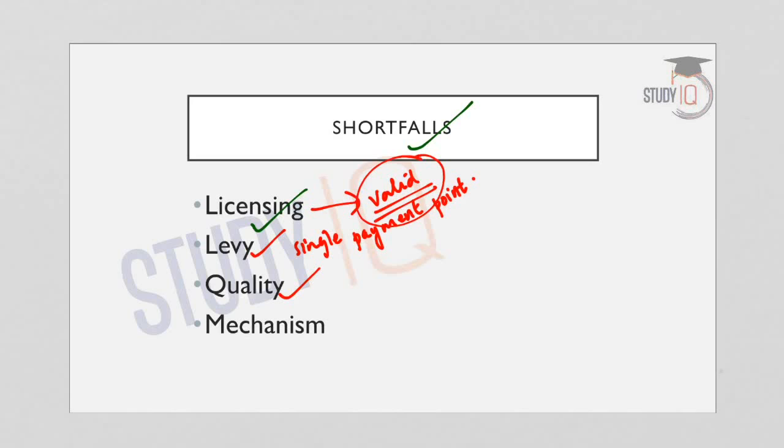Now the third one is regarding the quality standards. There is no uniformity in the quality standards of farm goods in different states. So there should be a proper mechanism in order to sort, grade and to bring in a quality standard. And this should also be accompanied by the facilitation of better warehousing facilities for the producers.